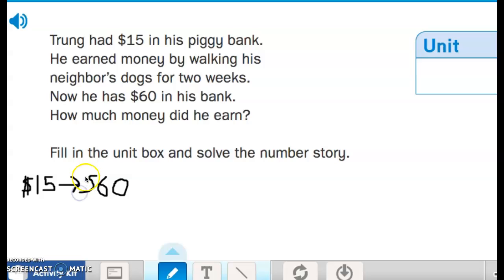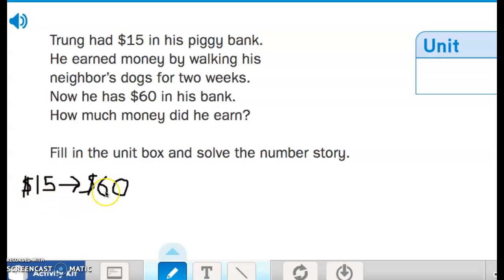That is our question. And there's several ways to look at this. One thing, Everyday Math is not about just getting the answer. It's about how you get the answer, and does your answer make sense? So first of all, he had $15 to begin with, so our answer is going to be more than $15.